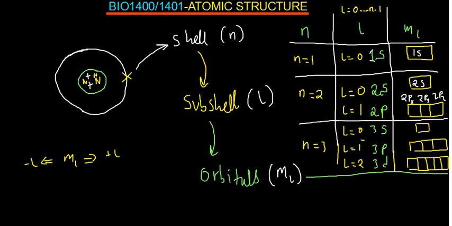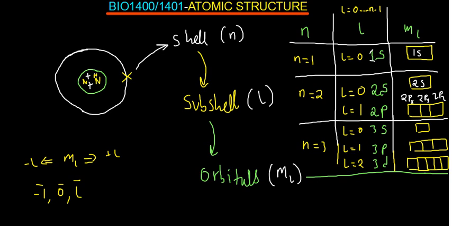And then when L is 1, this gives you a p orbital. And you look for numbers from negative 1 to positive 1. How many numbers are there? I've got negative 1, 0, and positive 1. So you can see there are how many? 1, 2, 3. This is why you have got 3 orbitals for the p energy level. And then when L is equal to 2, that is a d orbital, right?